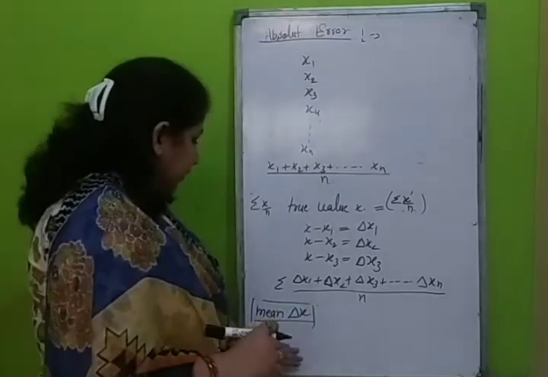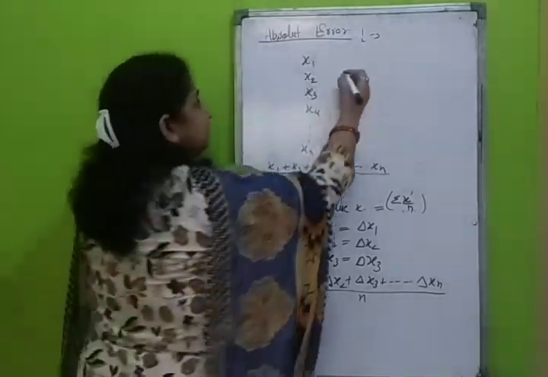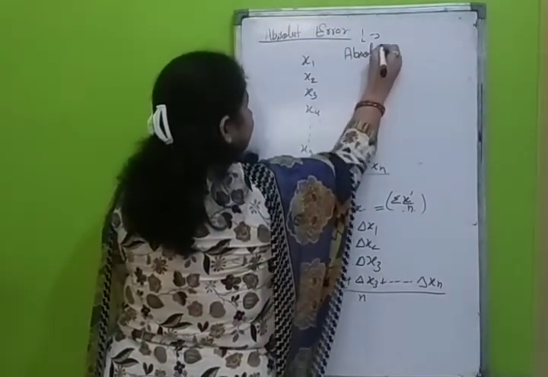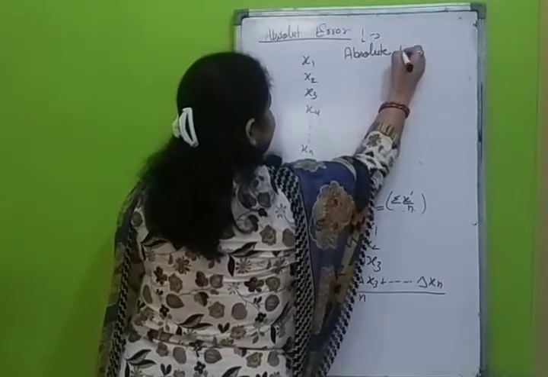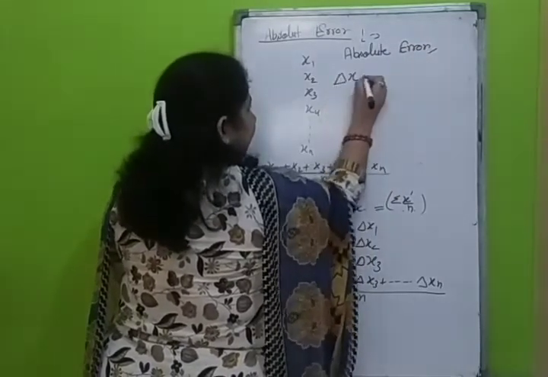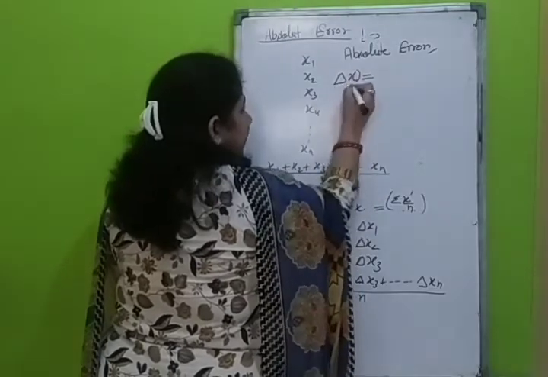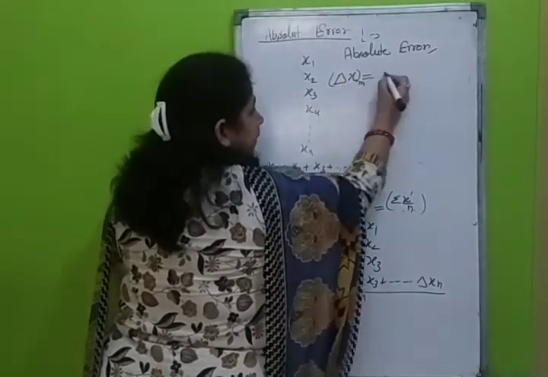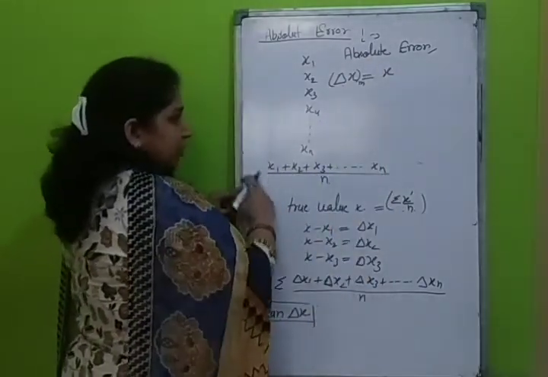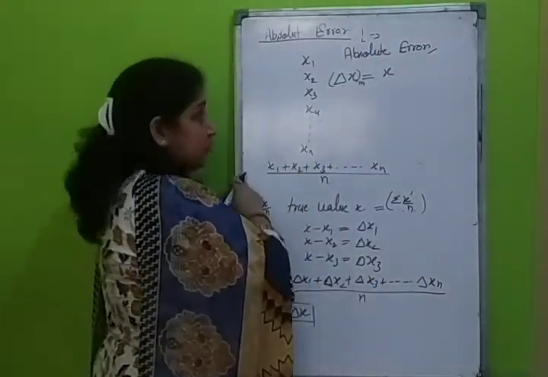Got it? Then mean absolute error is delta x is equal to mean. We can take x by the help of the mean value of observations.